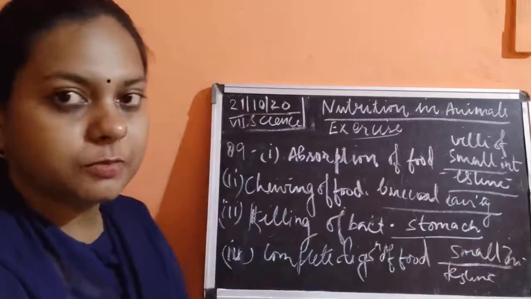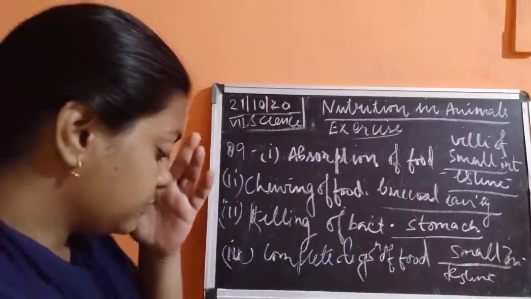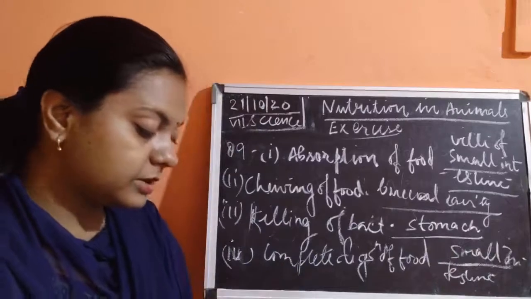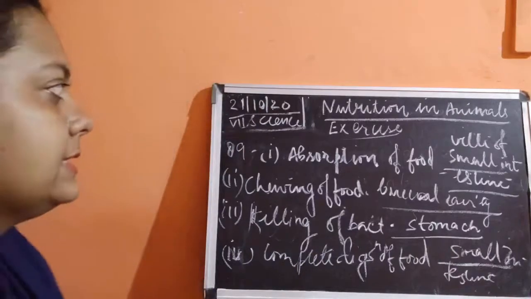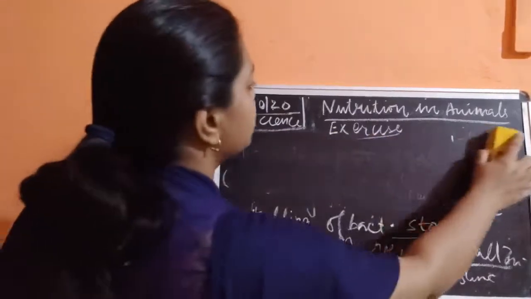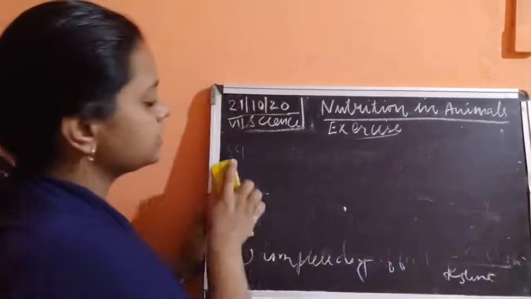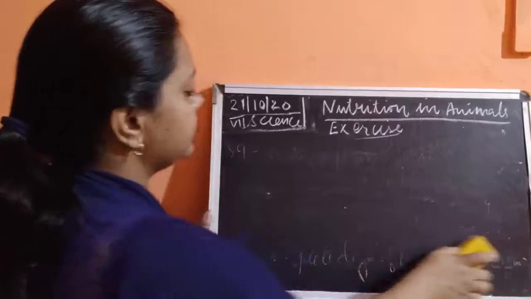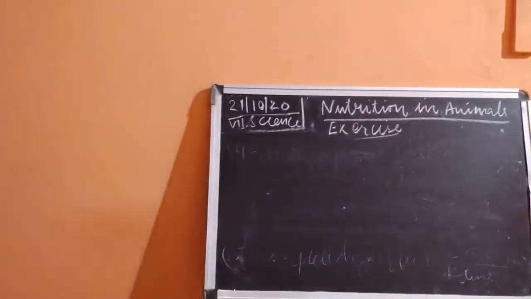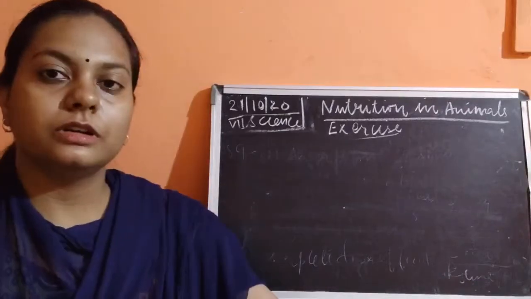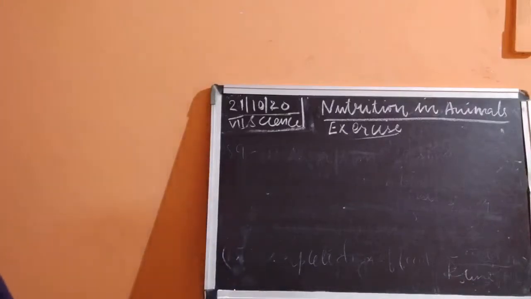Again, the same reason: different chemicals are secreted from the walls of the small intestine, because of which complete digestion takes place. So this is about the fourth question.